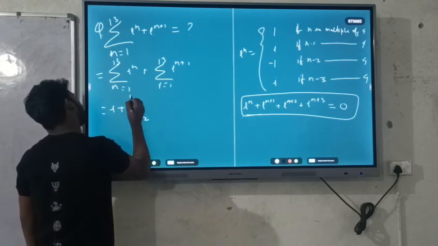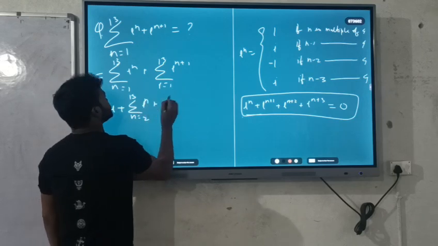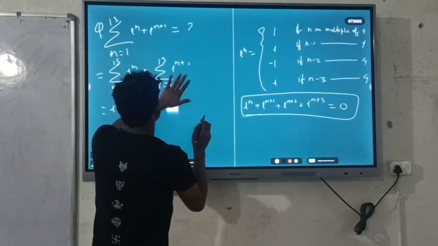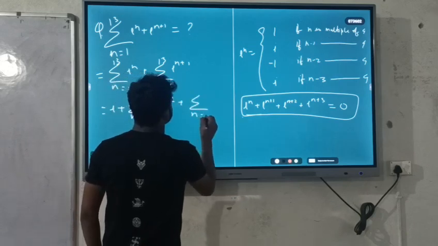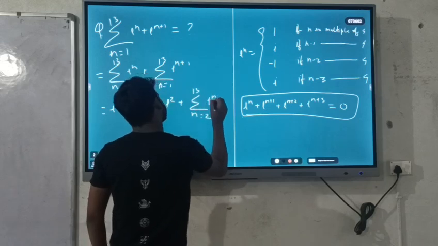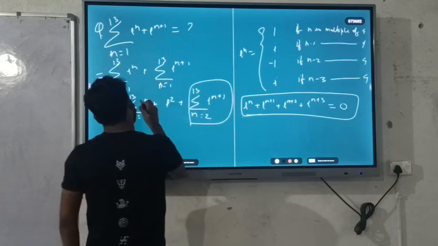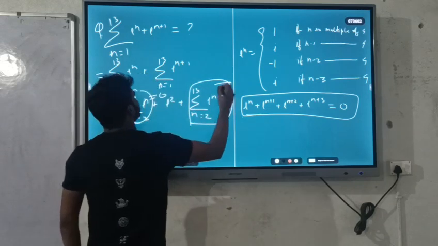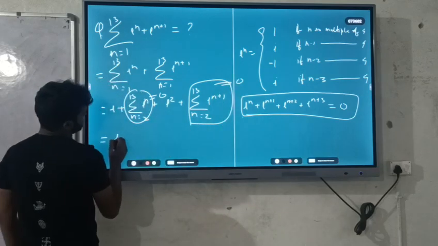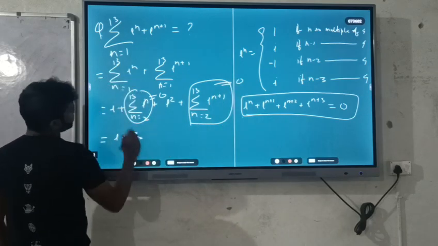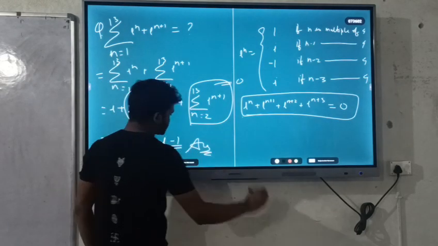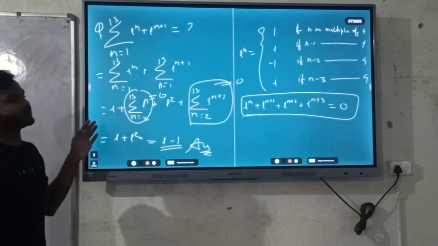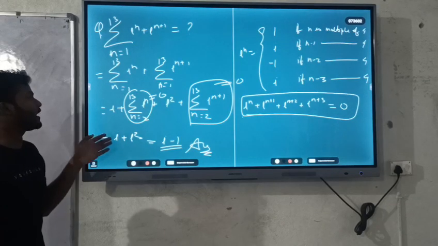Now there are a total of 12 elements, so we can write them in blocks. This summation and this summation have value 0 by the same logic as the previous. So we get i plus i square as the value of the summation, that is i minus 1, and that is the required solution.